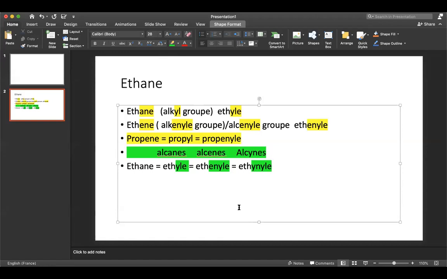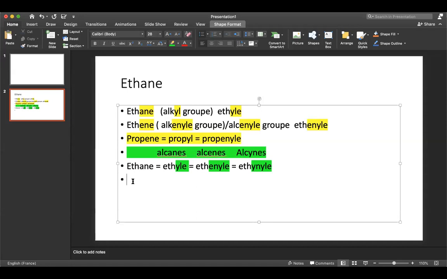Now the question that we have in the exercise: there is an ethane. Now the ethane has a double bond, and the double bond was subjected to hydrogen removal.